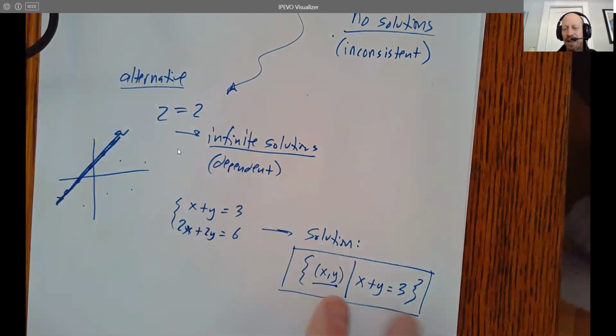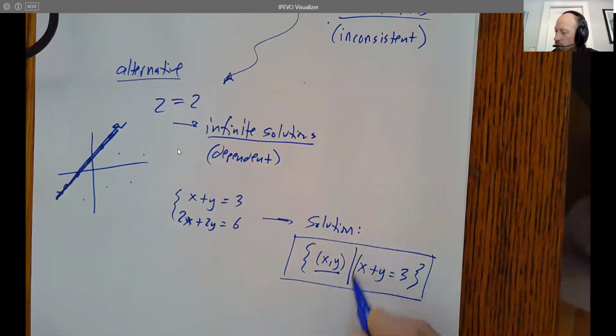So this is the mathematical way of writing that down. Okay, so basically the only thing that's going to change for you with these different dependent problems is you're just going to put a different equation in there. Questions about that at all?